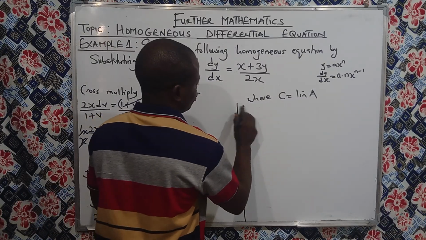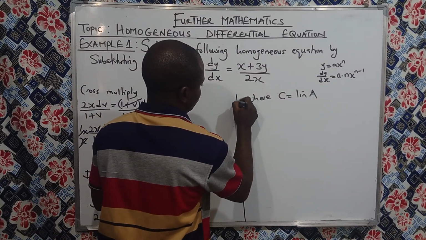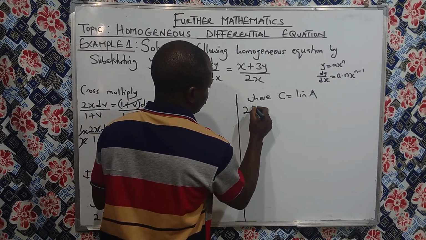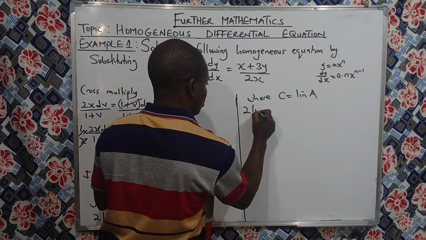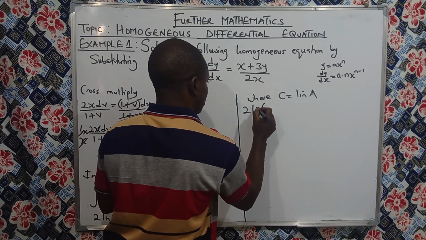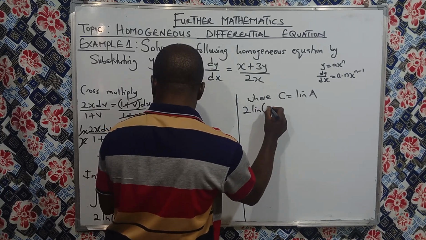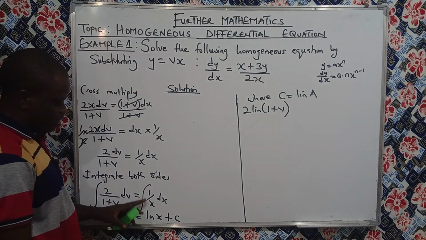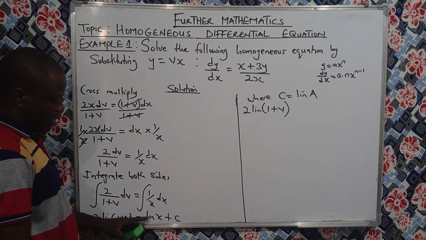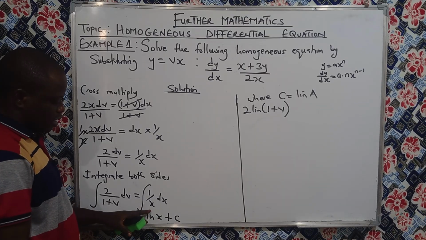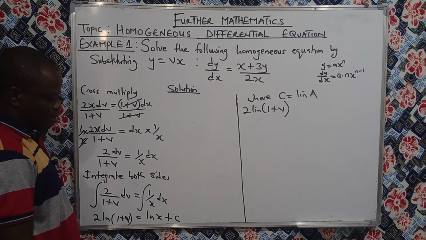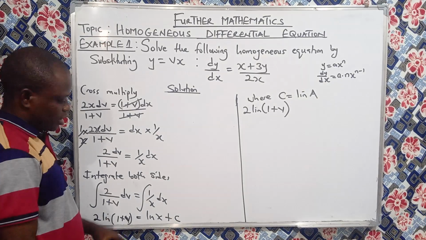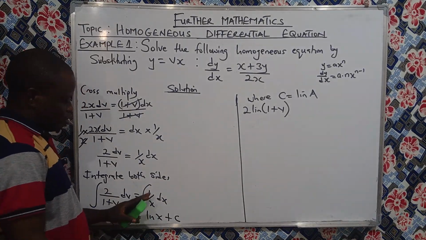Now 2 ln 1 plus v. Don't forget the integral of 1 over x is ln x. That's why I said ln x.